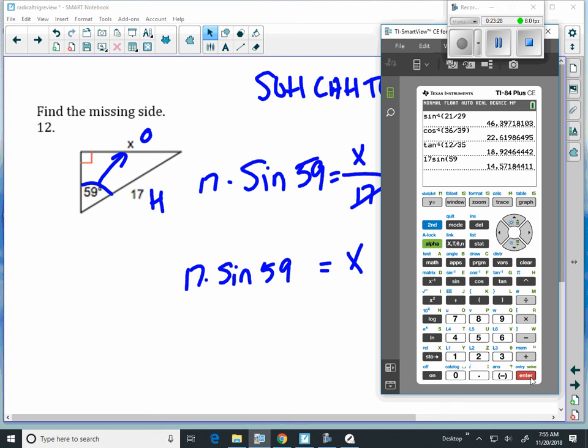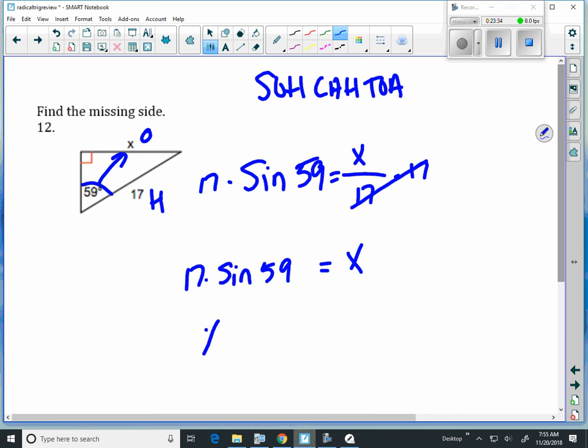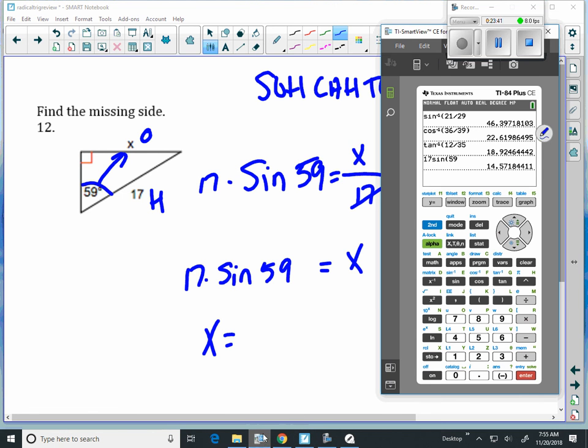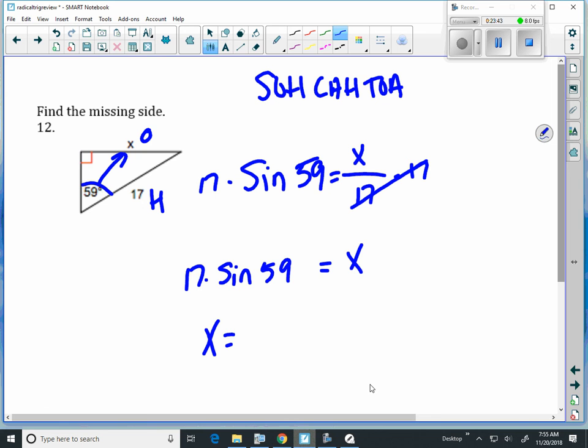So now you have to know, this isn't degrees. We'll just say units because it wasn't labeled. So X equals 14.57. If it would have been centimeters, you would have put centimeters. Inches, inches.